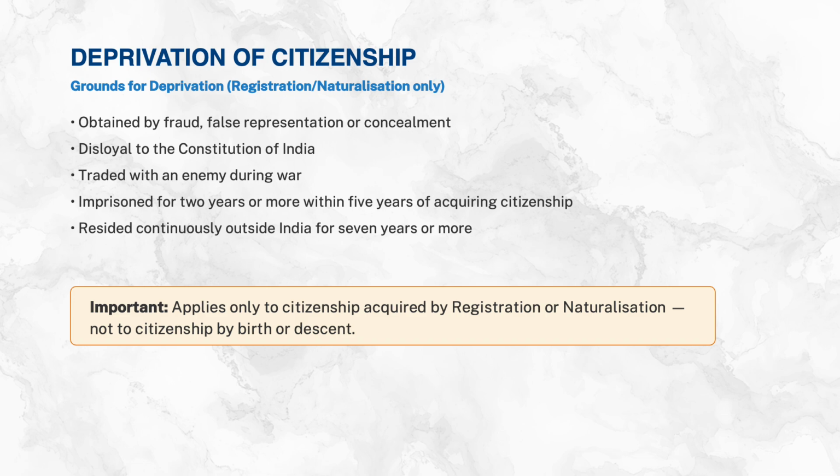People of Indian origin, or children with Indian parents but born outside India, or naturalization means people with no relation to India, like Mother Teresa, but they continued to be in India and wanted to be a part of India. And by process of naturalization, they became Indians. So this deprivation of citizenship only applies to those people who acquired citizenship by registration or naturalization.